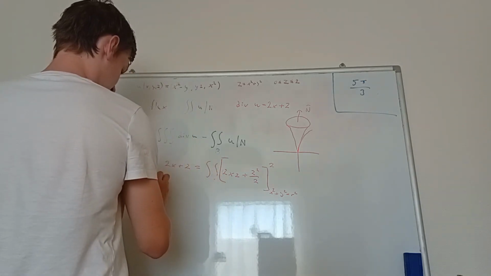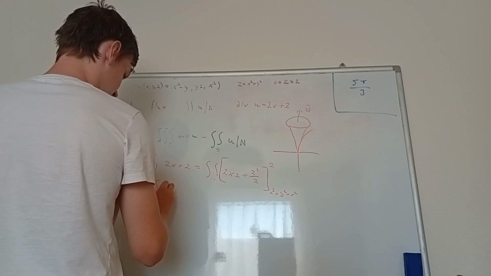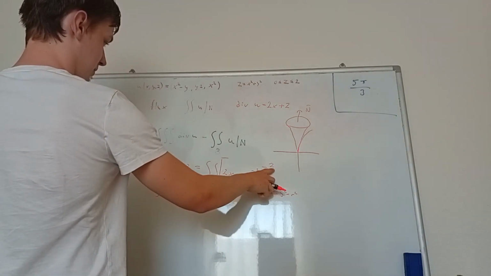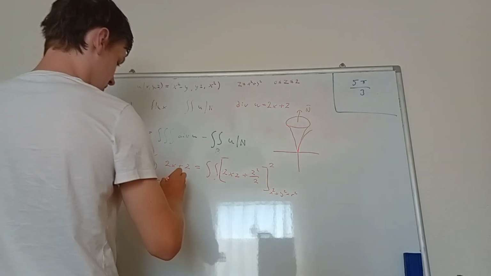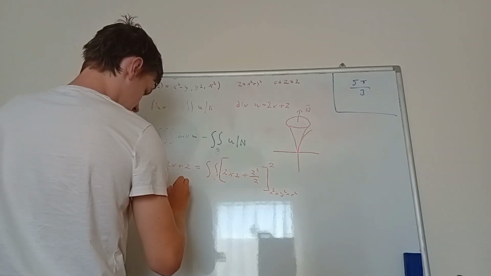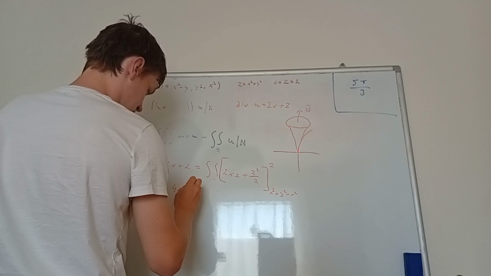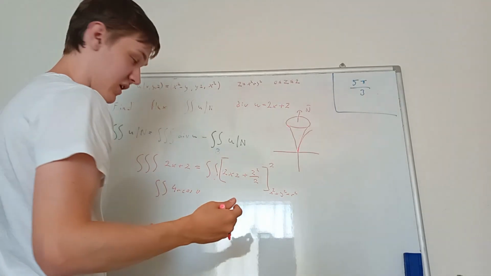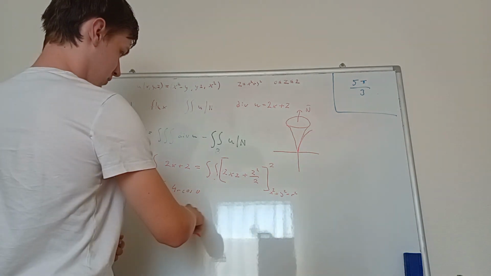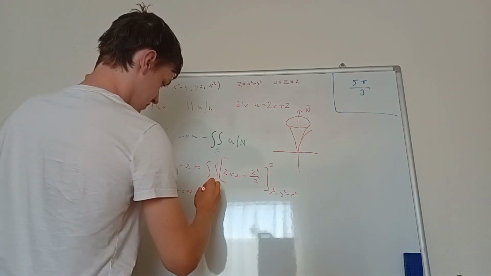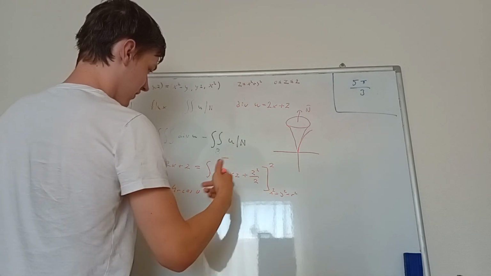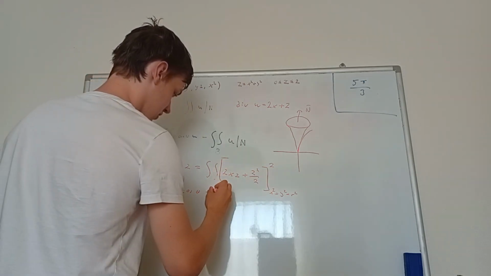So we end up with the double integral of 2xc, we put in 2, so we're going to have 4 r cosine theta. X is r cosine theta. And then we have plus 2 squared, 4 over 2, that's 2.